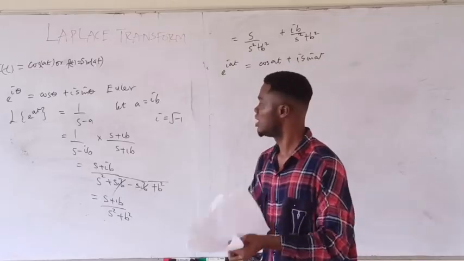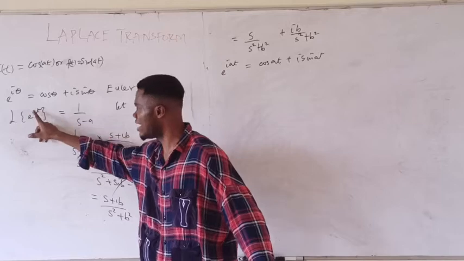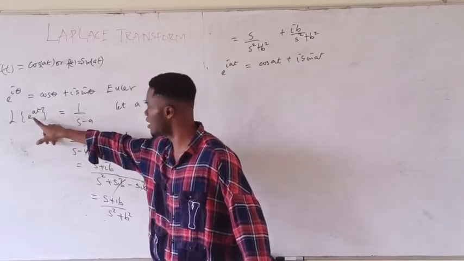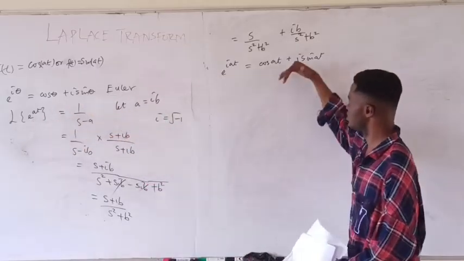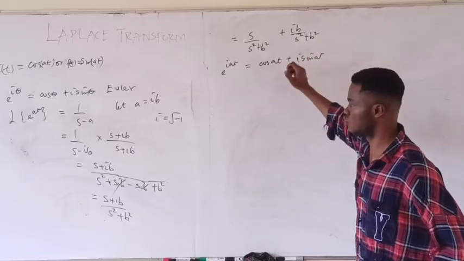With the same approach, since i theta is equal to this, the exponential of i at should give us this. And since this exponential gave us this function, we can use this to compare, right?